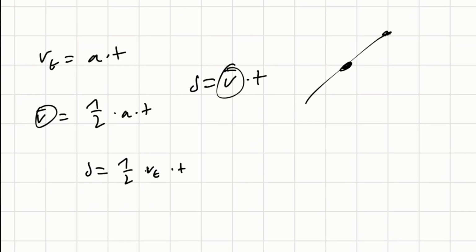It's actually the same thing as our normal formula for distance, but since we want the middle speed, we're replacing this with 1/2. I hope this idea gets clear.